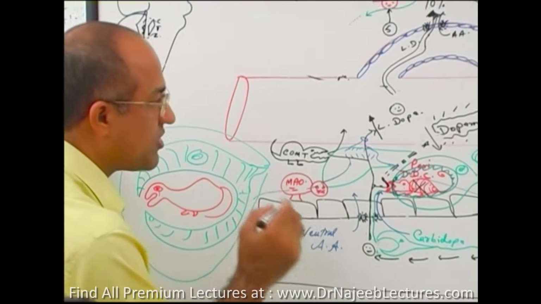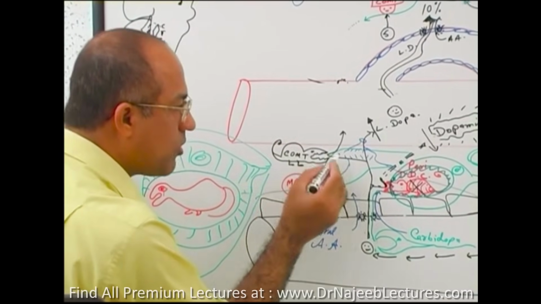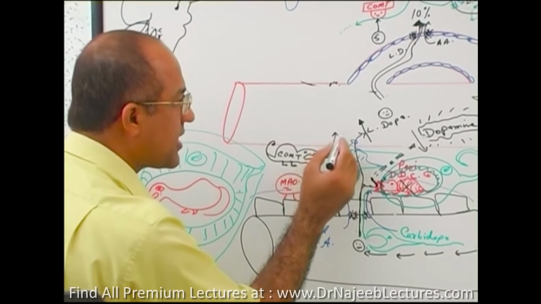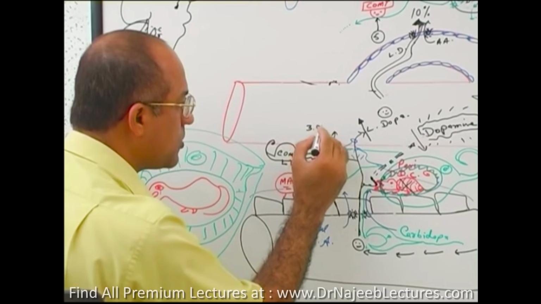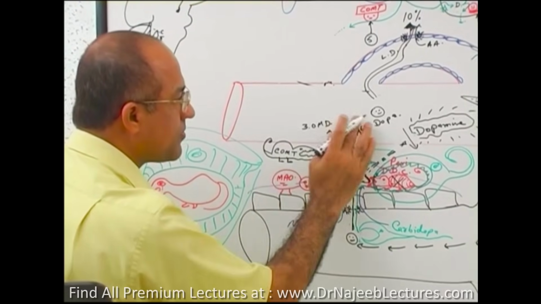Catechol O-methyl transferase is present centrally as well as in the periphery. It will convert the levodopa into a methylated form called 3-O-methyl-dopa. Right?